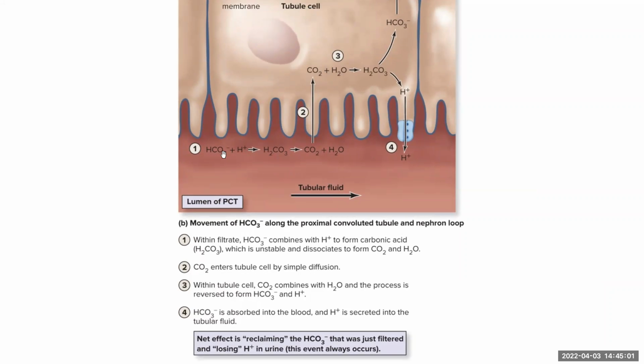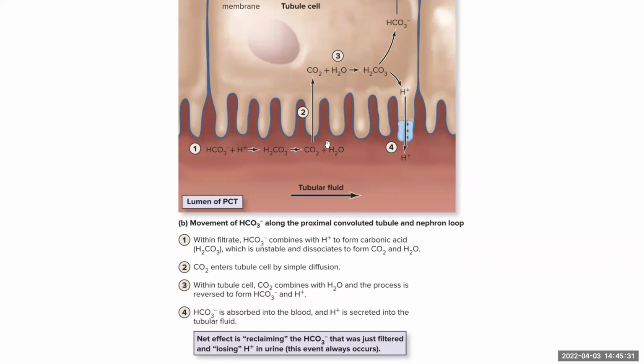We've seen this equation before, where bicarbonate combines with hydrogen ions to make carbonic acid. The enzyme that we use to do that is carbonic anhydrase. And because of its unstable configuration, the carbonic acid will quickly fall apart into carbon dioxide and water.